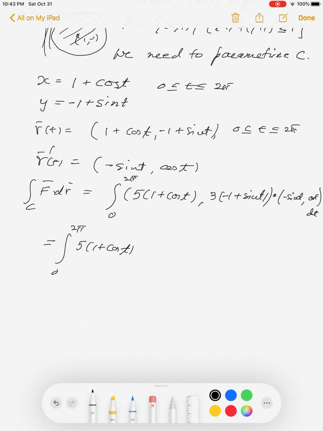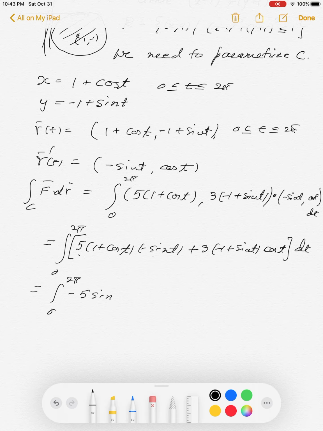So let's see what that turns out to be. This is going to be the integral from 0 to 2 pi of 5 times (1 plus cos t) times minus sin t plus 3 times (minus 1 plus sin t) times cos t dt. Let's simplify this, hopefully without any error.